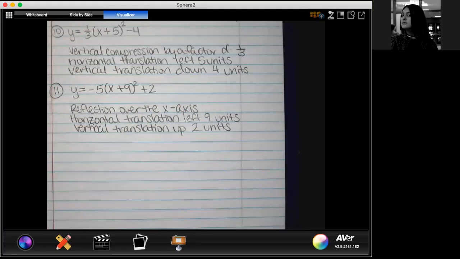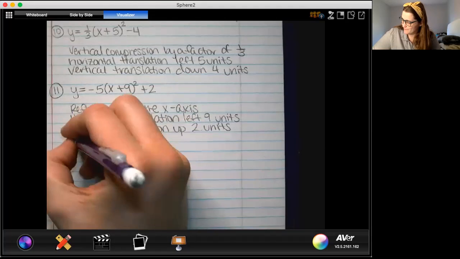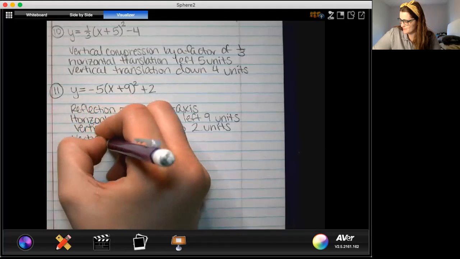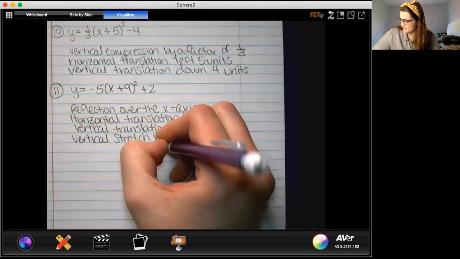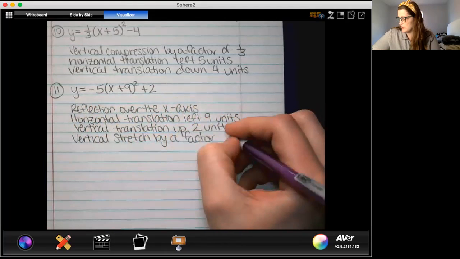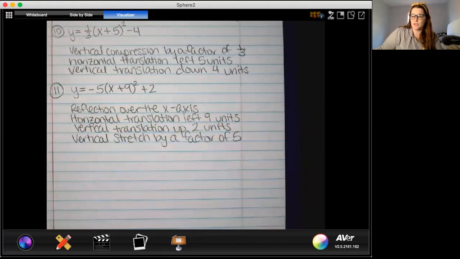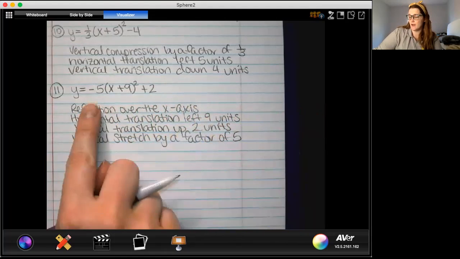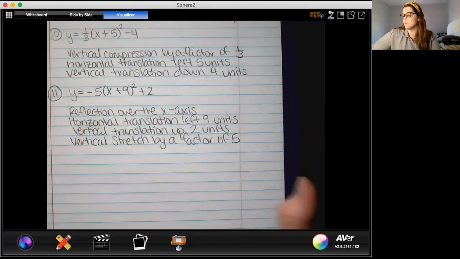There's a vertical stretch by a factor of 5. Good job. Thank you, Danielle. Okay, and that one is actually the hardest one for some students because some students think because it's a -5 that it's actually a compression.